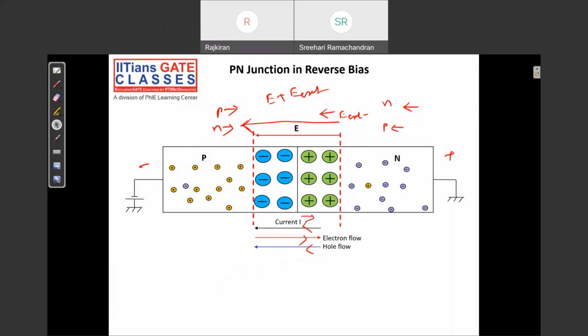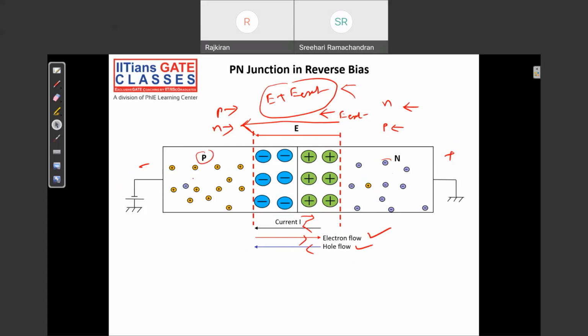But the issue is what? Even though the external electric field is supporting the flow of electrons from P to N and the flow of holes from N to P, you have very few holes in the N region and very few electrons in the P region.